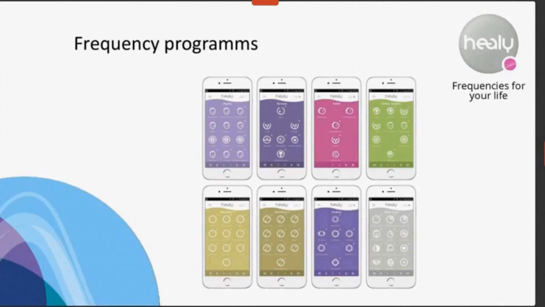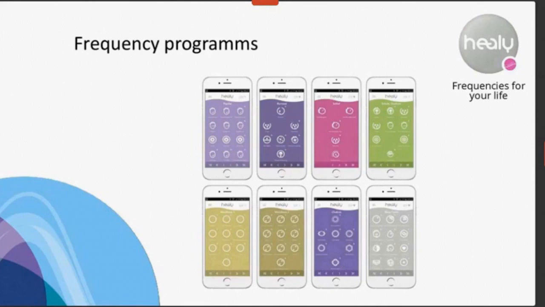However, there's one tab or one page in your app, what we call the therapist programs. You probably know. There are 12 empty slots. For most of you, the slots are empty. For some of you, there are some programs in. Because with our TimeWaver Big Brother, which I call the TimeWaver frequency system, a doctor or a therapist can program more individualized frequency programs onto the Healy app, which are at the moment not even in the 121 programs.